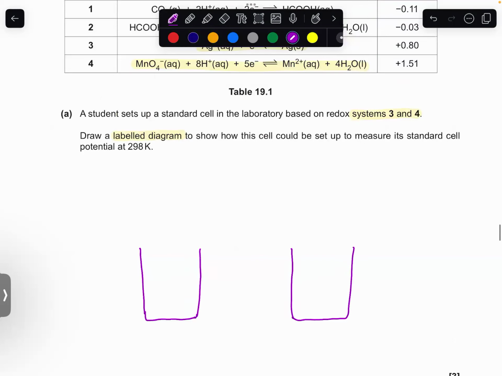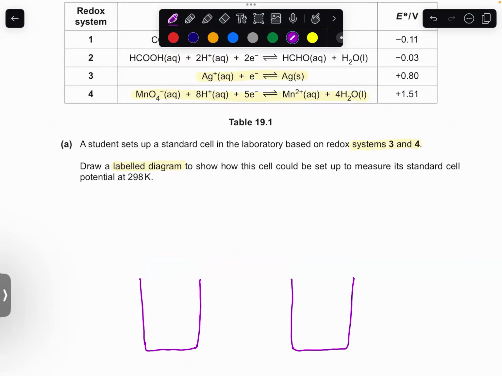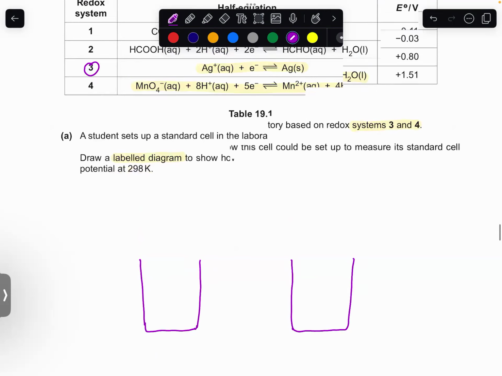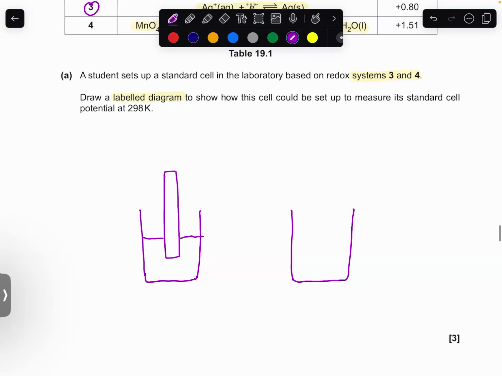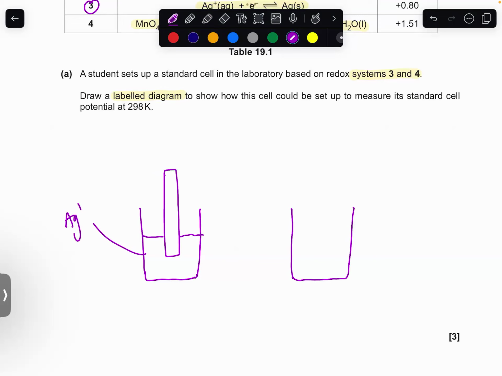Now, with the silver, with this redox system 3, the silver itself will be used as an electrode because the silver is a metal that conducts electricity. And you're going to have a solution of silver ions, aqueous, and this is 1.0 moles per decimeter cubed.